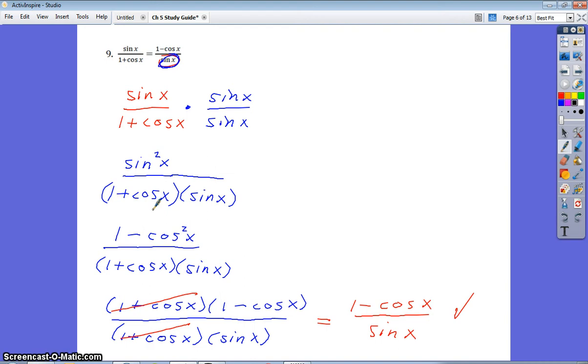I didn't distribute the sine because I want that sine down below there. So then I made a substitution in for sine squared. That's 1 minus cosine squared. That's the Pythagorean identity. And then I had a difference of squares that I factored, and then I was able to cross off a couple factors in the numerator and denominator, and that proved it for me.